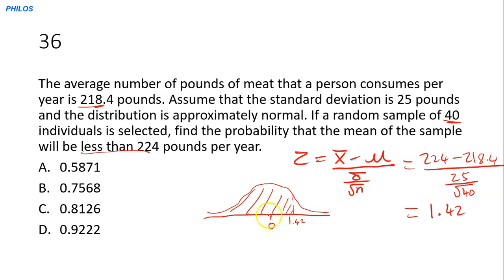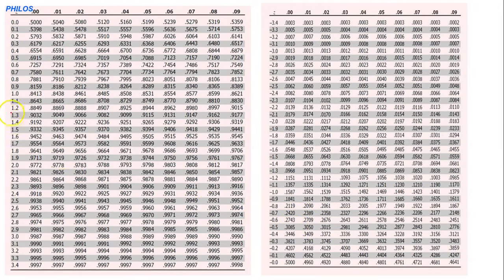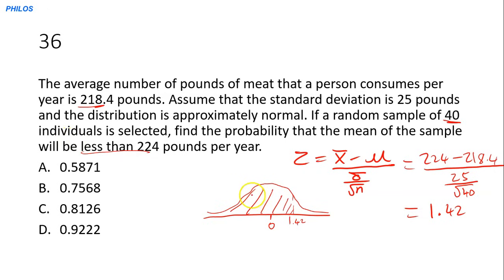So to get this area, we go and check positive 1.42. 1.42, as you can see, is 0.9222. So this area is 0.9222, and that's the area we are looking for. So the correct answer for question 36 is D. So let's proceed to the next question.